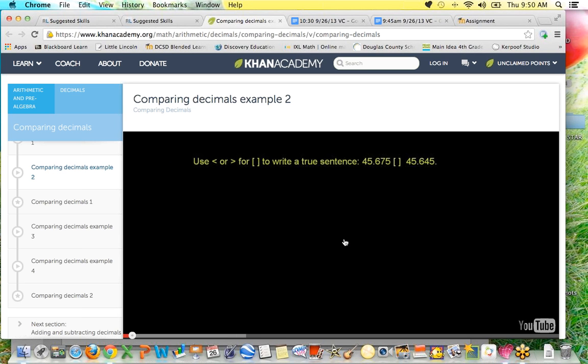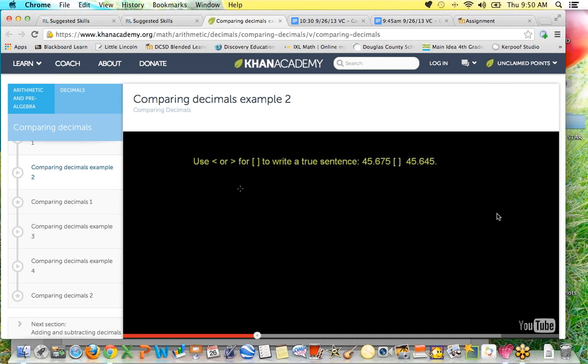Use less than or greater than for this little brackets thing to write a true sentence. So they essentially want us to say whether 45 and 675 thousandths is greater than or less than 45 and 645 thousandths. So let's look at each of these numbers. I'm going to just write them on top of each other.